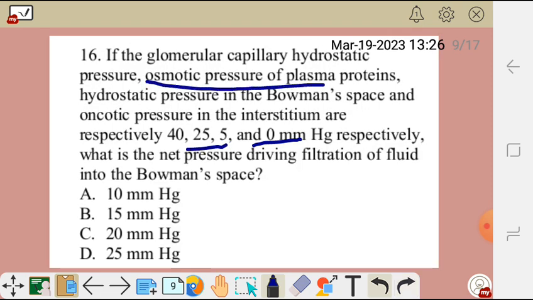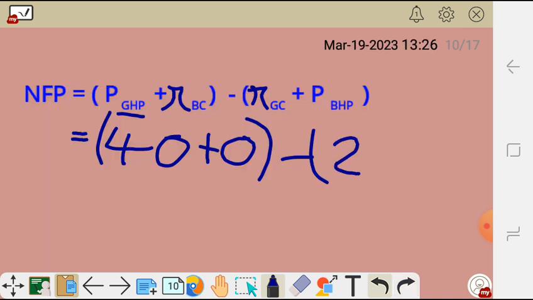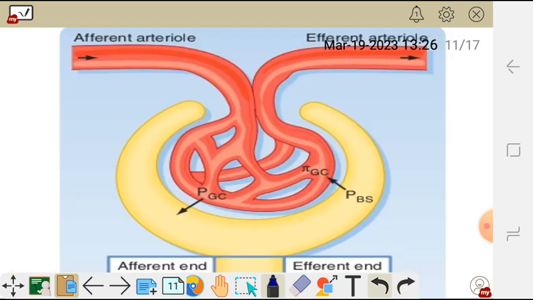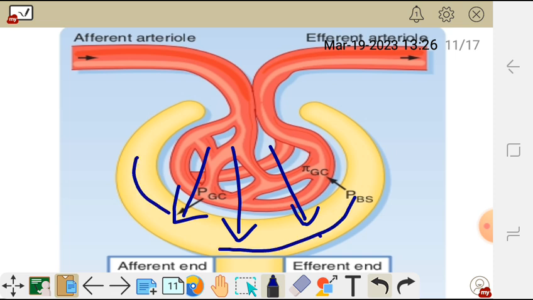The osmotic pressure of plasma proteins is 25 in this case. You add it to the Bowman's capsule hydrostatic pressure. As we filter our filtrates here, that liquid, as it accumulates in this space here, is going to exert a pressure back into that capillary there.